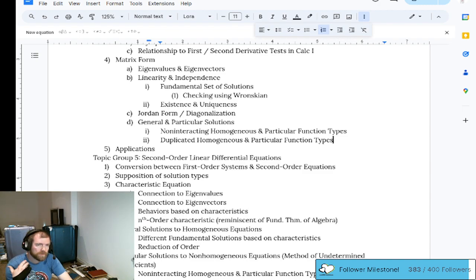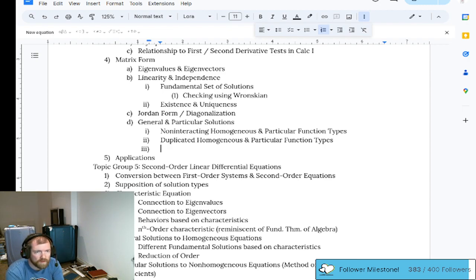And when you start talking about it in terms of matrix form, things get a little bit weird, but okay. This also involves the Wronskian at this point. Could be wrong. It's been a while.